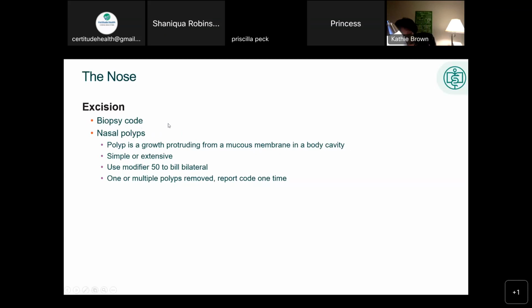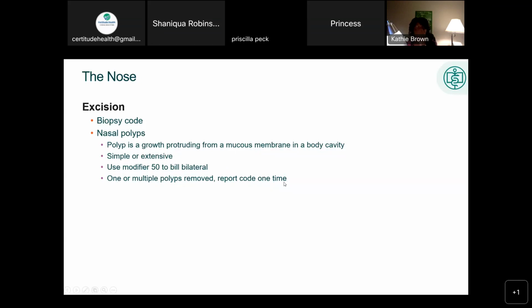You can have polyps in your colon, but also in your sinuses because it is a mucous membrane, meaning it's lined with fluid or mucus. It says you would need to use modifier 50 to bill bilateral. Also, the polyp removals are identified as simple or extensive, based off of the documentation. And for one or multiple polyps removed, you would report the code one time.